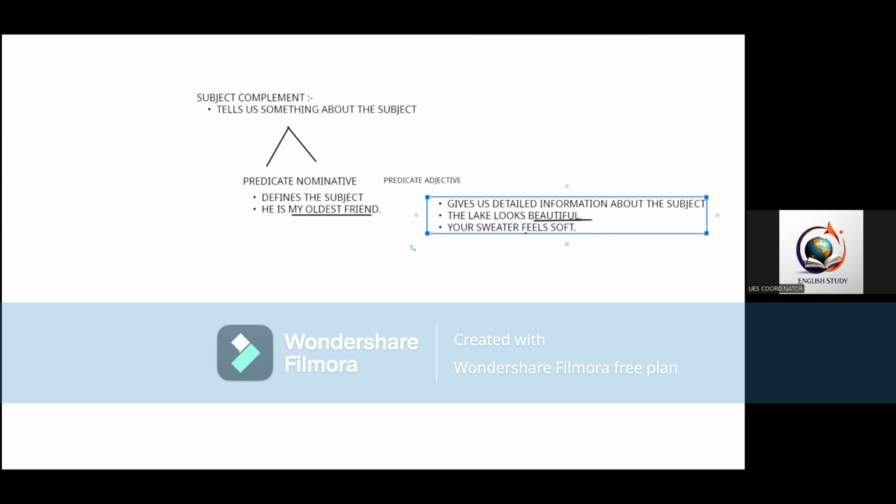So guys, please have a look at this one. From now on, you will not say that all the adjectives are predicate adjectives. No, guys, no. If I say the boy is good, then good is the predicate adjective.